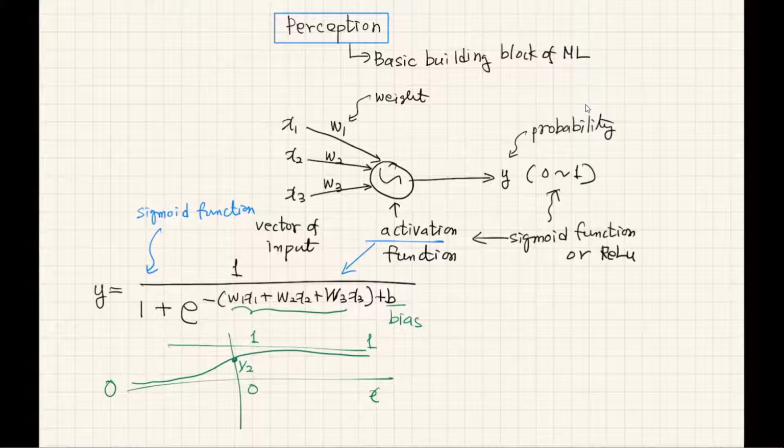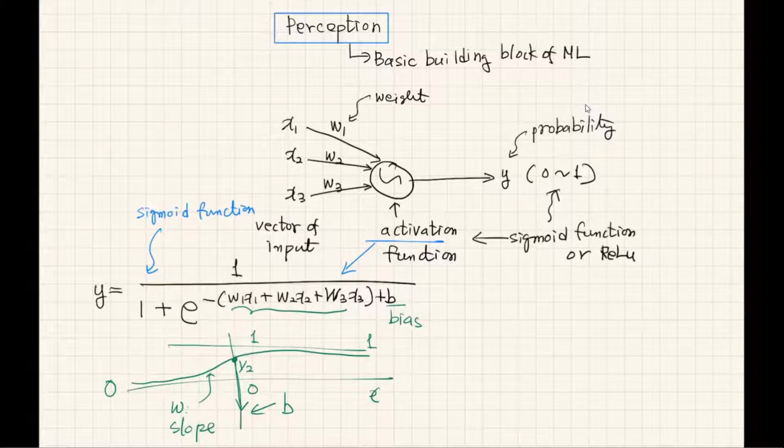The slope of this activation function will be determined by W, and this point will be determined by B. So by changing W and B, the shape of this activation function will be changing.